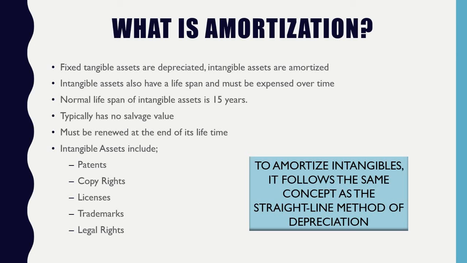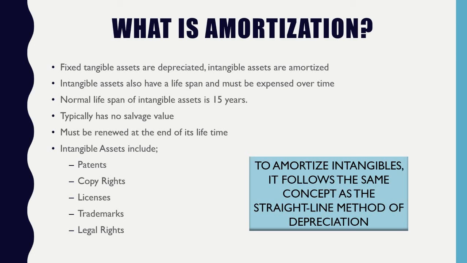So once again, patents, licenses, copyrights, they're all going to be some kind of protective manner, and they're all going to cost a lot of money. And on top of that, it holds some kind of estimated useful life, right? Could be anywhere from 1 to 50 years, right?